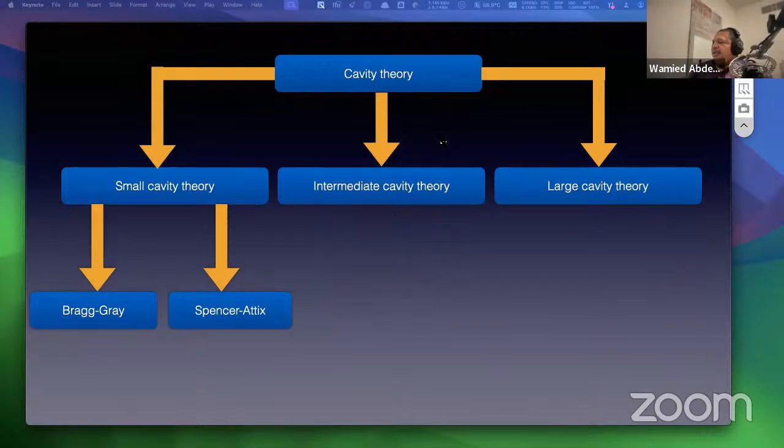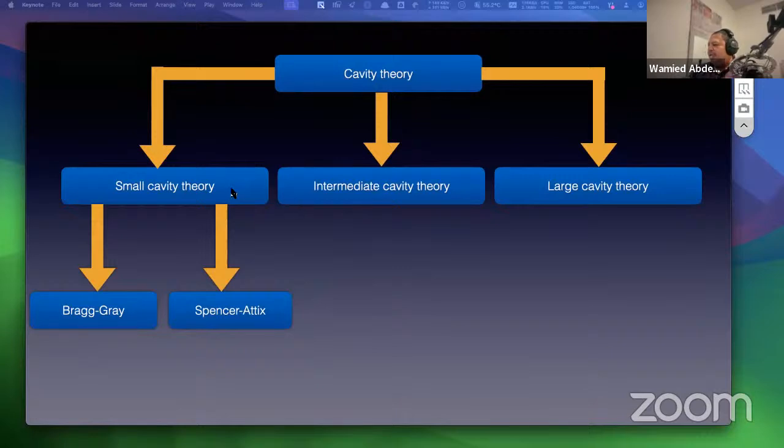There are three categories or three situations of cavity theories. We have a small cavity theory, we have a large cavity theory, and then we have an intermediate cavity theory, sometimes called general cavity theory or Burlin cavity theory.